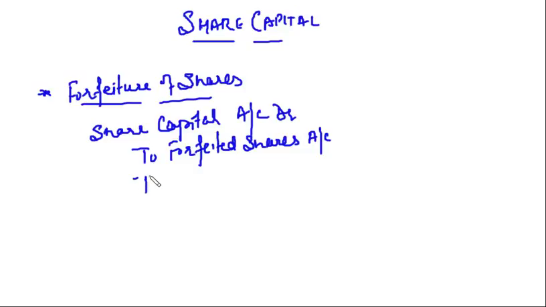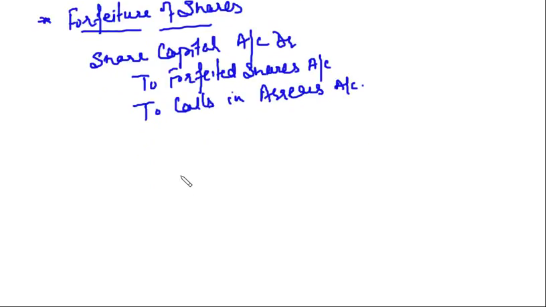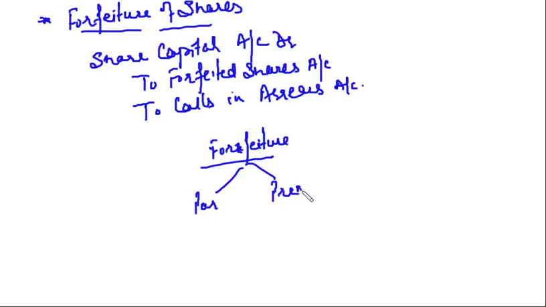Then there is to calls in arrears account. Clear? Then we discussed that forfeiture of shares can be for 2 types of shares. One is shares issued at par and the other is shares issued at premium.